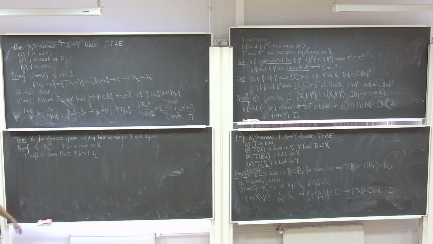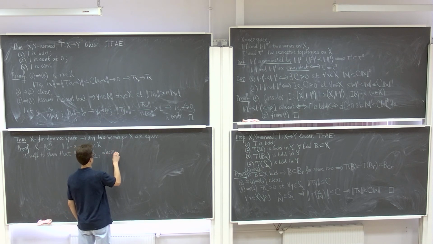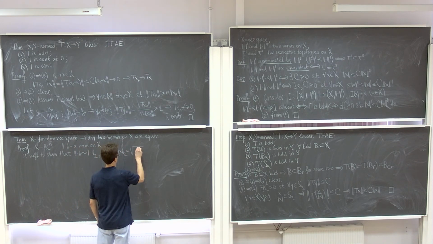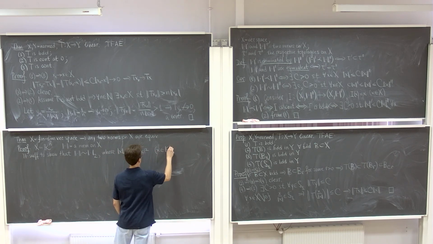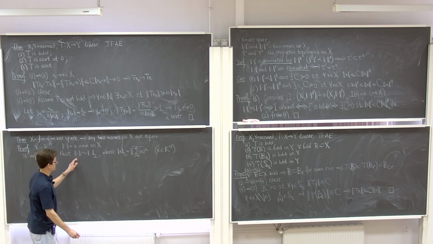This will imply that any two norms are equivalent. And let's recall that the Euclidean norm is given by the following formula.